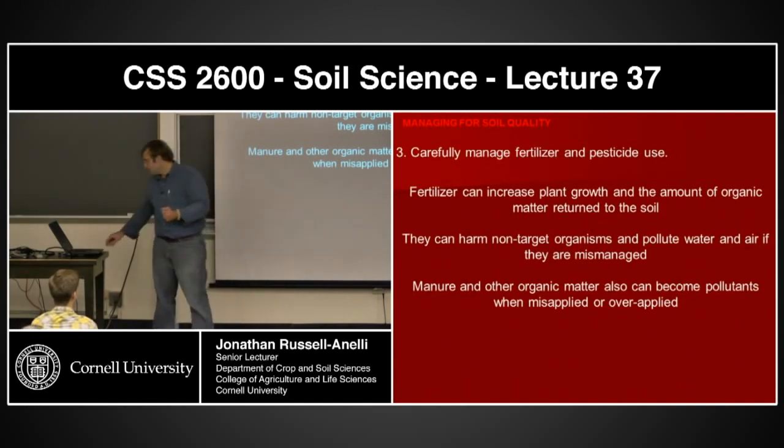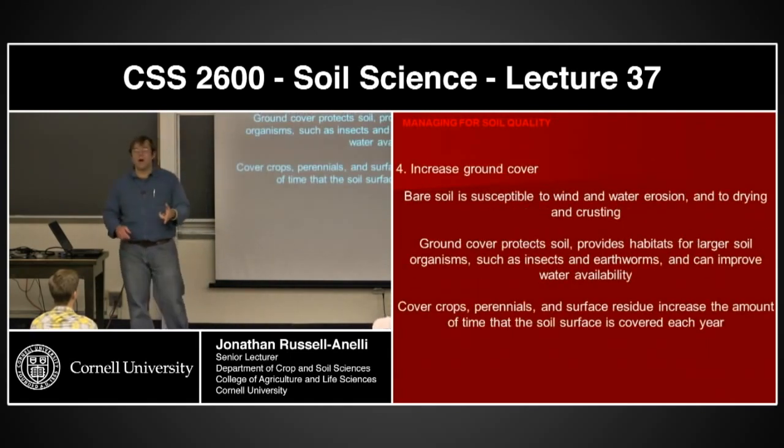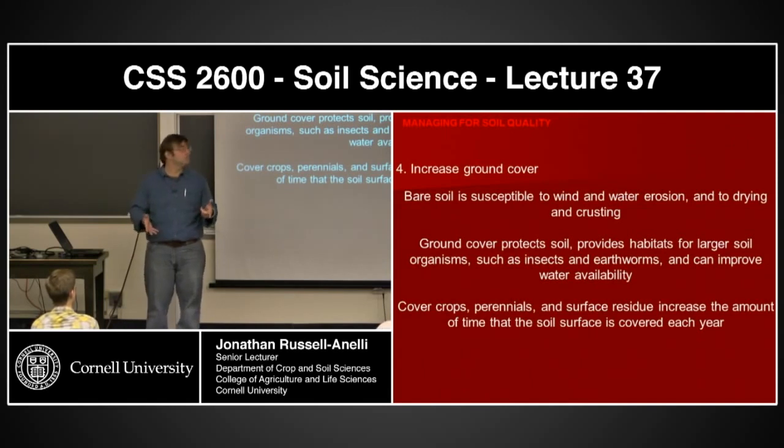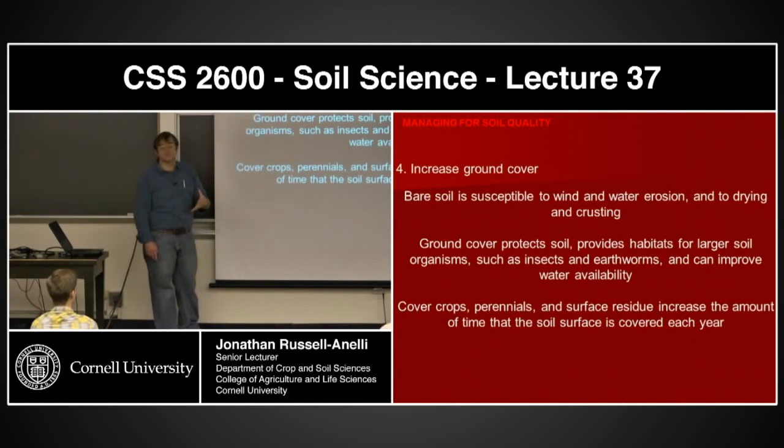Another one, increase ground cover. Why might this be a strategy? Again, bare soils, the answer is here. Bare soils are susceptible to wind erosion and water erosion. Increase plant cover, reduce that. Ground covers protect soil from that erosion, but it also provides habitats.